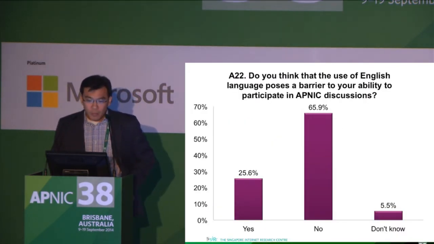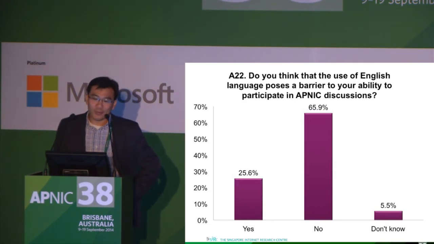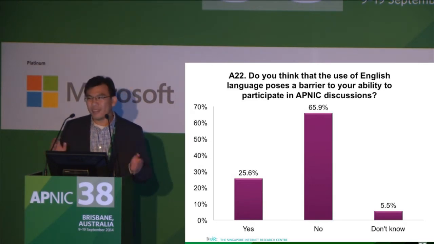The next question is quite interesting. Do you think that the use of the English language poses a barrier to your ability to participate in APNIC discussions? Even though 65% of people said no, still more than 25% said yes. So it seems we have some language barrier.